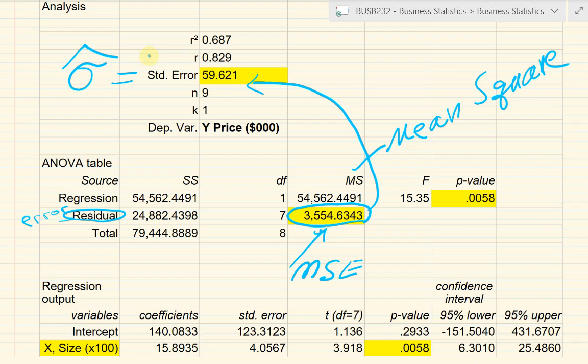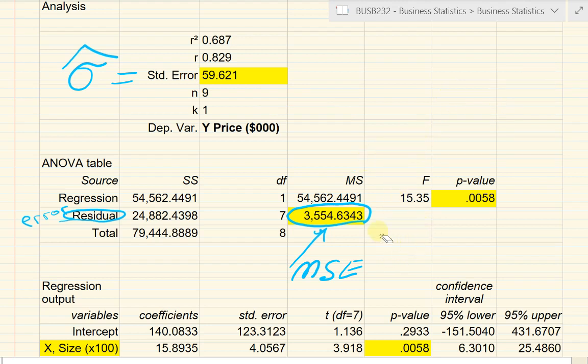So if I take a square root of this large number and get this other number, that's what the variance was. If you take the square root of variance, don't you get standard deviation? So this number 3554 is an estimate of the variance, but we use standard errors rather than variances. Okay, just want to point that out also.